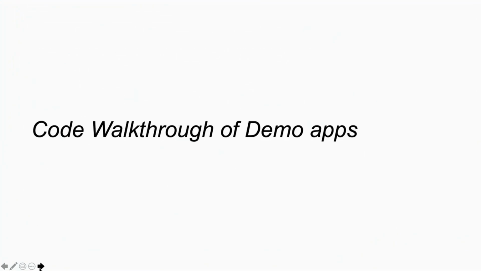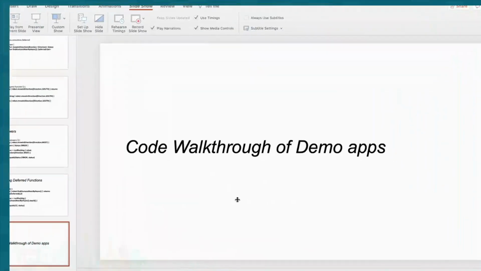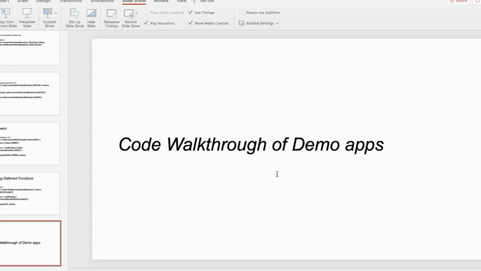Now I'll be giving a walkthrough of the demo apps and the test cases which I've written on those classes. So here you can see that I have this presenter class, which is taking the view and the repository as input.